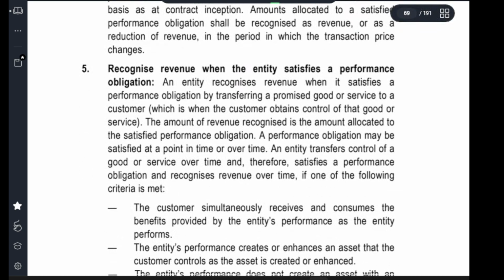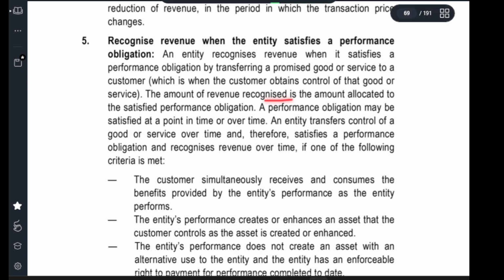The entity recognizes revenue when it satisfies a performance obligation by transferring the promised goods or services to the customer. You can recognize revenue only after you transfer the goods or service and complete the contract on this portion. Without transferring the rights and obligations to the user, you can't recognize revenue.